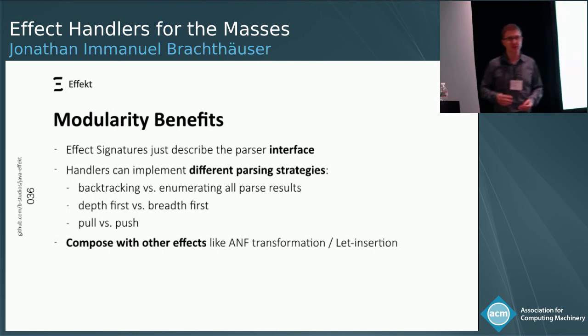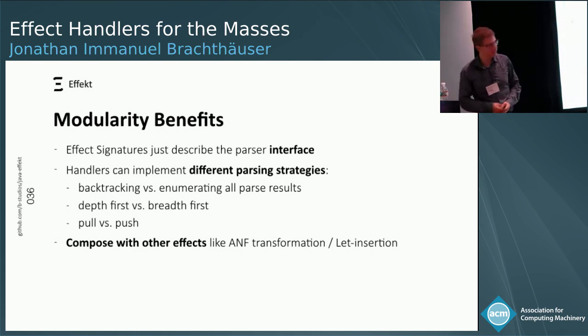You want to introduce binders non-locally. This can be understood as an effect and it can be implemented as an effect handler. And it naturally just composes with all the other effect handlers and interacts well with backtracking, with the push to pull conversion. So it interacts very nicely with all the other effects because you use this one uniform framework of effect handlers.